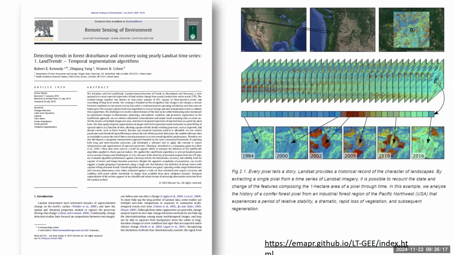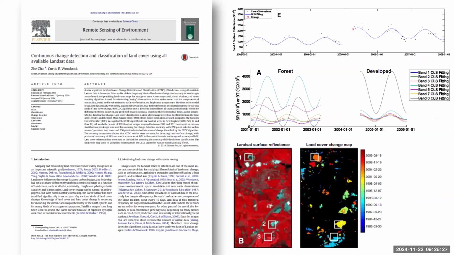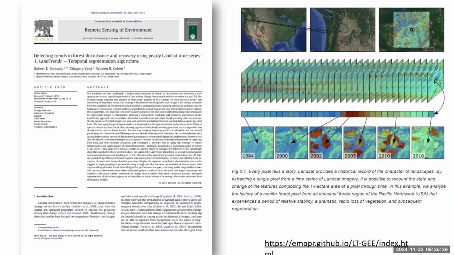And LandTrendr will essentially reduce those data sets to annual mosaics, and then from those annual mosaics, extract change.